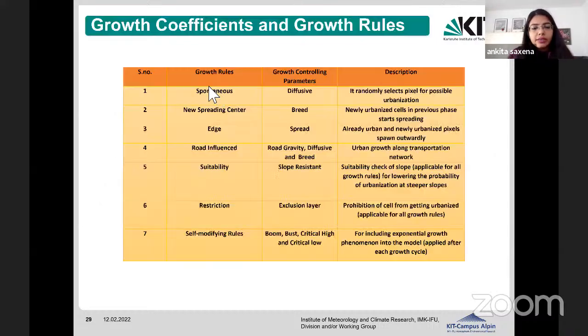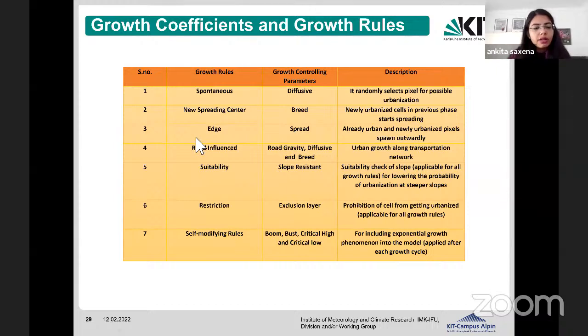So spontaneous growth rule is controlled by the diffusive urban growth parameter, and it represents the overall output dispersiveness, random dispersiveness. New spreading center is controlled by the breed growth controlling parameter. It is a newly urbanized location, which will start further spreading in future.